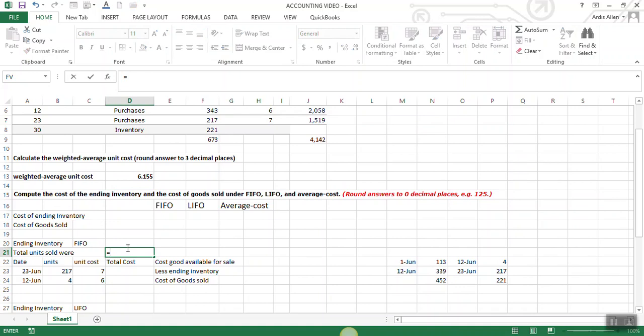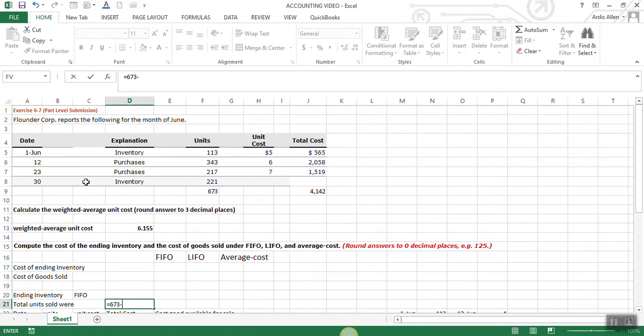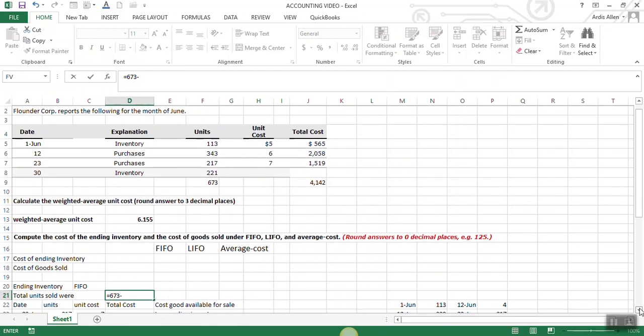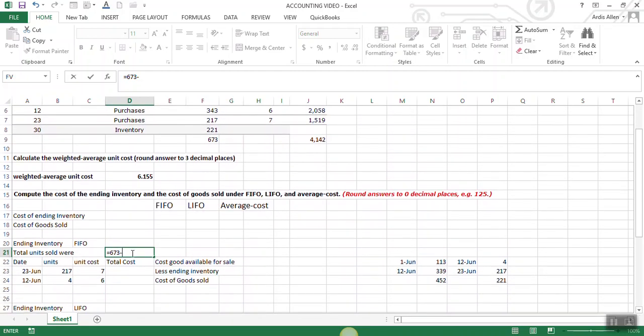We know that 673 units were available, and we're told that our ending inventory at June 30 was 221, which gives us a total of 452 units sold within the period.